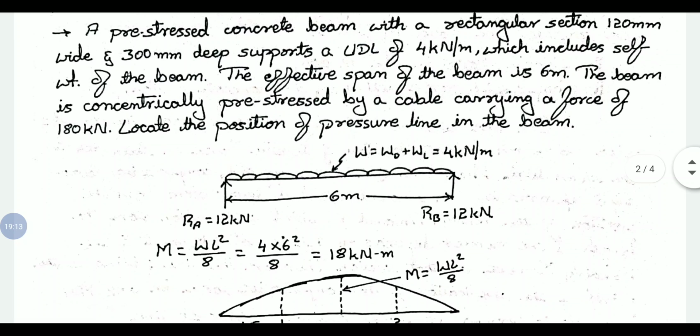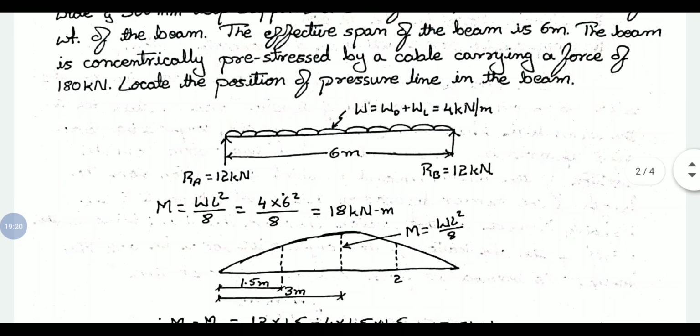So first we consider the beam. We have to find out the support reactions. Why do we have to calculate support reactions? To know the approximate profile of the pressure line, we need different sections, at least 3 to 4 points to locate.